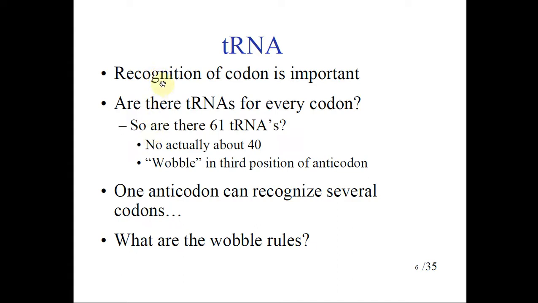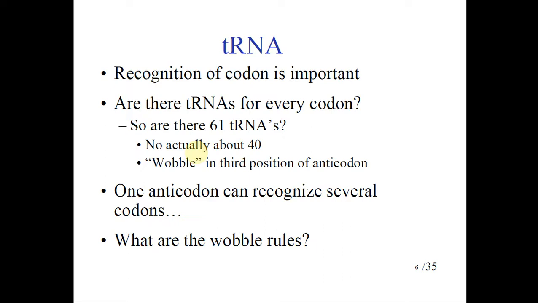So the recognition of the codon is important for tRNA. Are there tRNAs available for every codon? There are 64 codons in total. Out of these 64, 3 codons are stop codons. So 61 codons out of 64 code for different amino acids.